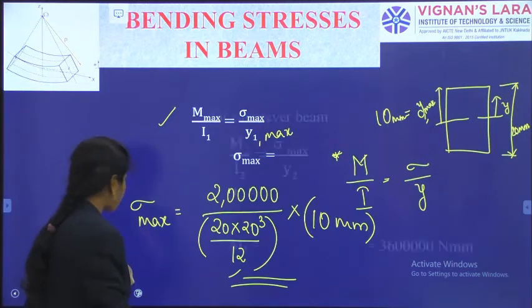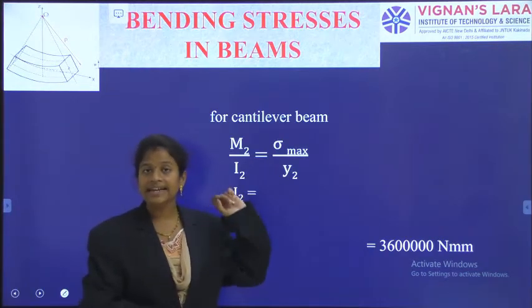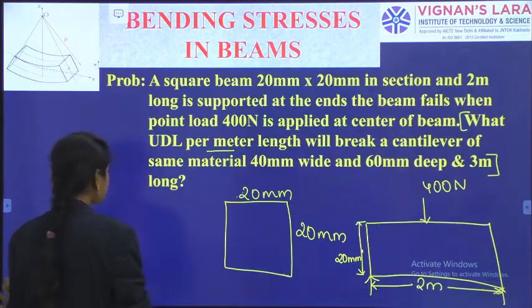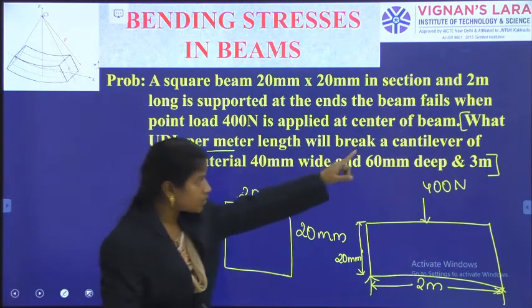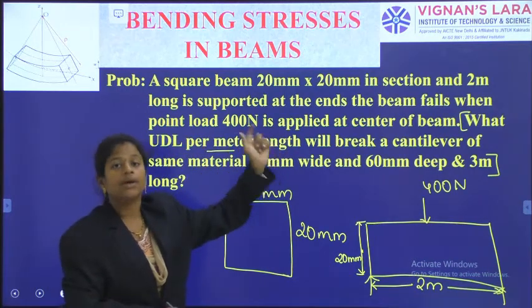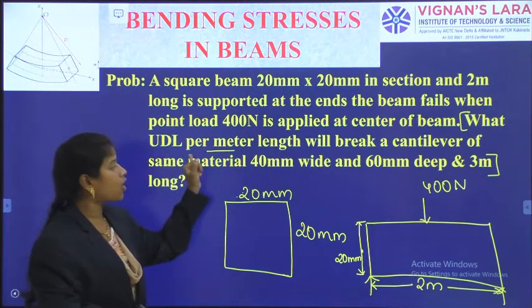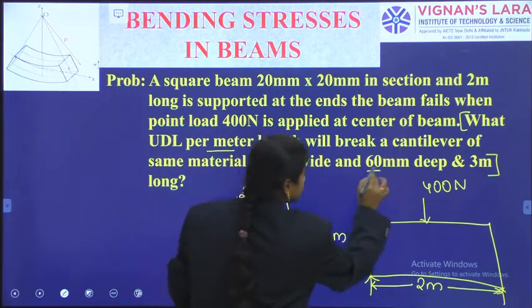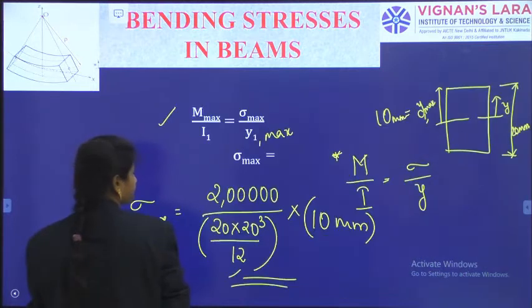Now I am going for a cantilever beam. Now going for the second part. See what they have mentioned. What UDL per meter length will break a cantilever of the same material with 40 mm wide and 60 mm deep?